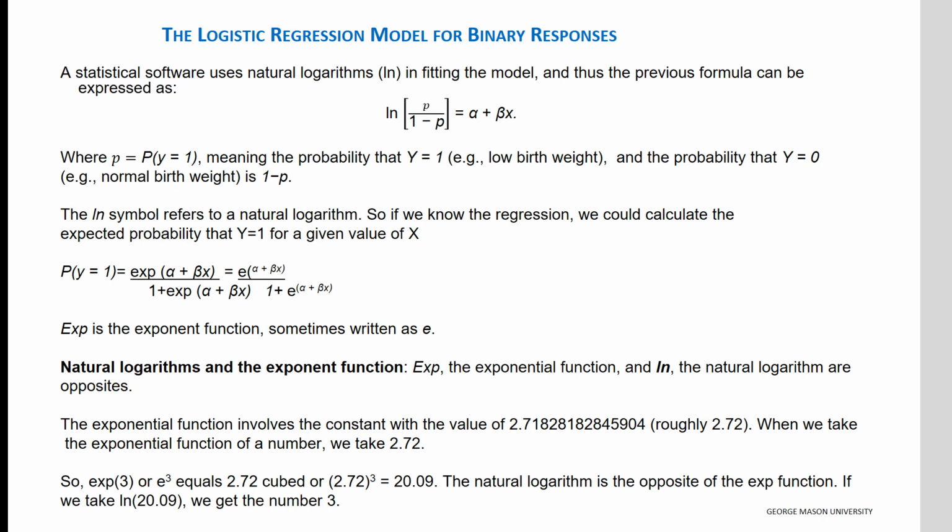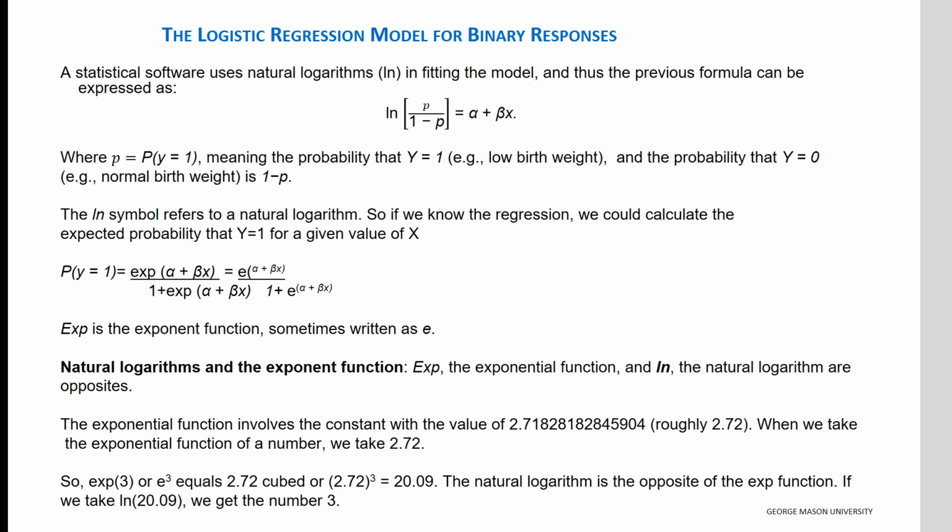The exp, or the exponential function, and the ln, or natural logarithm, are opposites. The exponential function involves a constant with the value of approximately 2.72, and when we take the exponential function of a number, we raise 2.72 to that power.